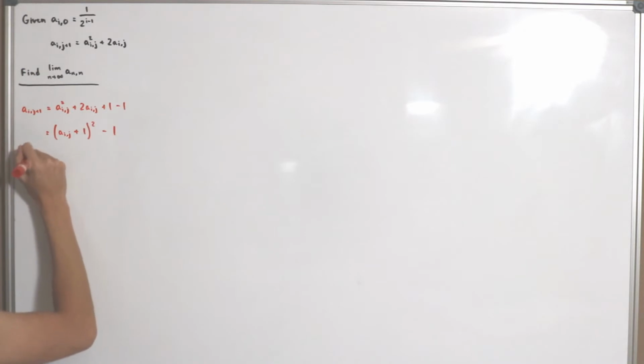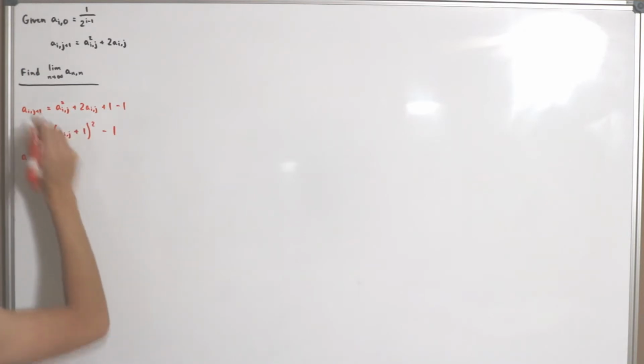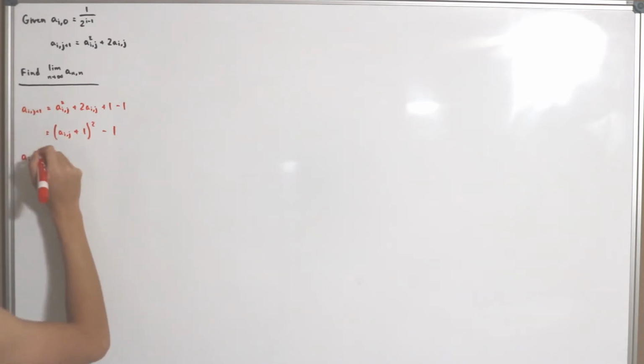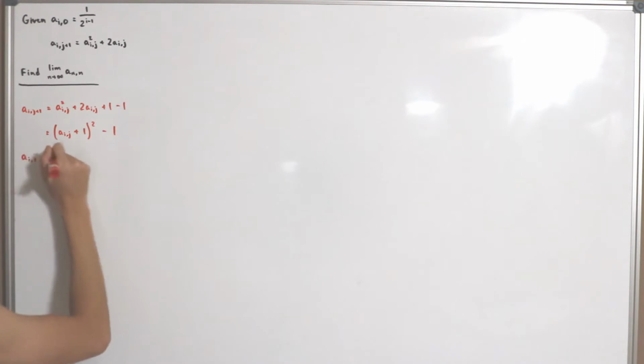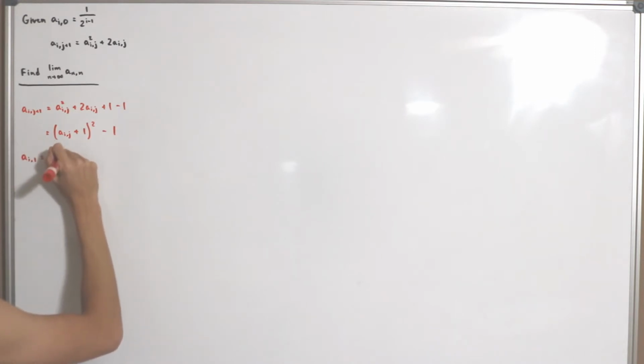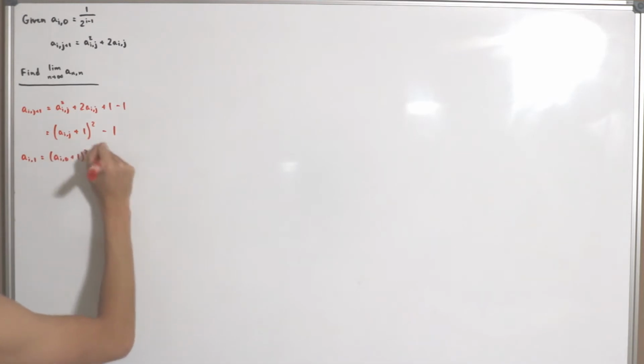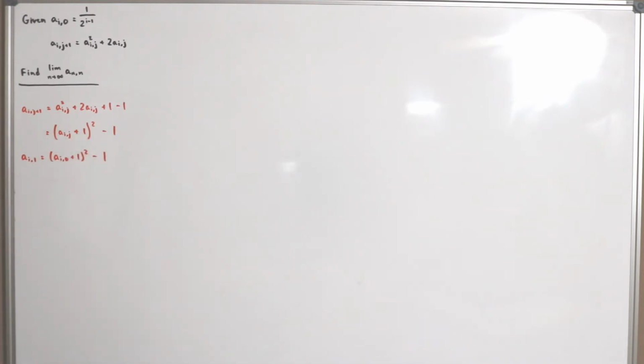Starting with j equal to 0, we get a sub i,1, which is equal to a sub i,0 plus 1 squared minus 1.